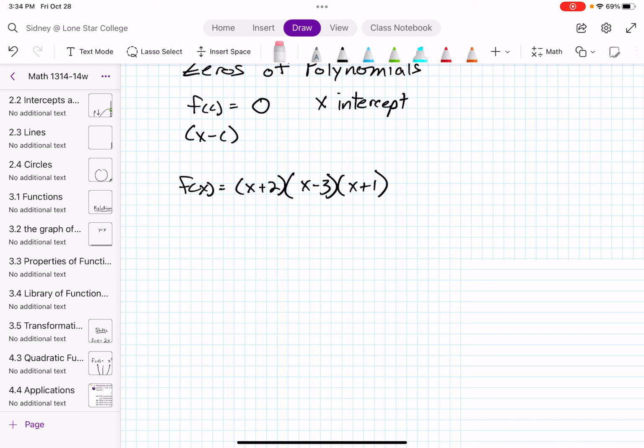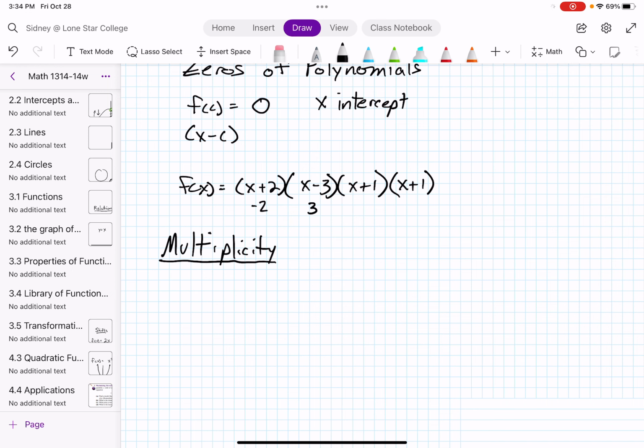But one of the ways it gets a little more nuanced is when we start talking about something called multiplicity. Multiplicity is when you have zeros that are repeated. If I were to add another x plus 1 to that previous polynomial, there's a 0 of -2 that happens once, a 0 of +3 that happens once, but the 0 of -1 happens 2 times.